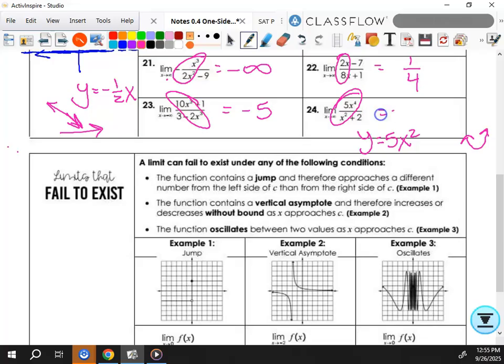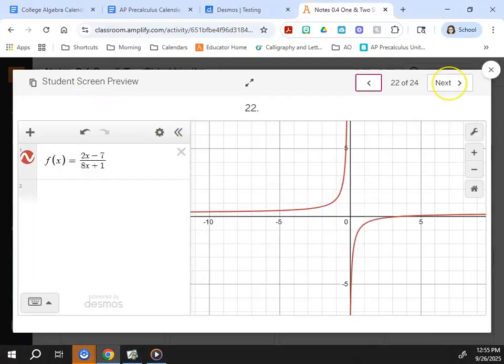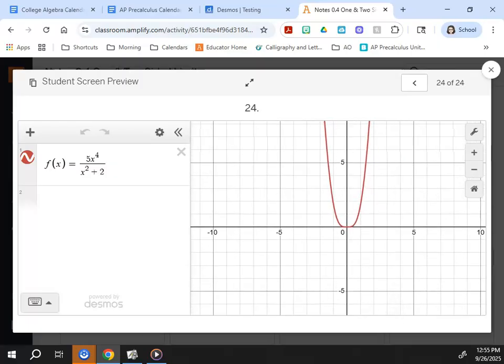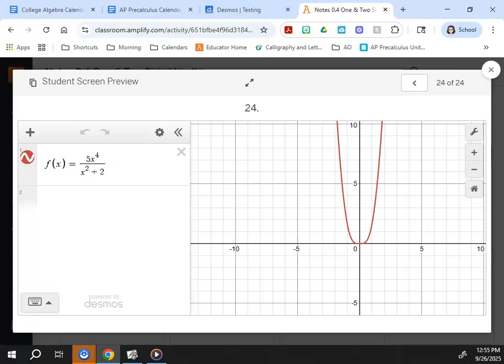Infinity. Good. And then I will show you the function, which kind of looks like a parabola, doesn't it? But it's not. You see how it's kind of flat on the bottom? So it's not a parabola. It has parabola-like looks, but the asymptote for sure is parabolic, so it's not going to touch that. Okay? We're good on all those?